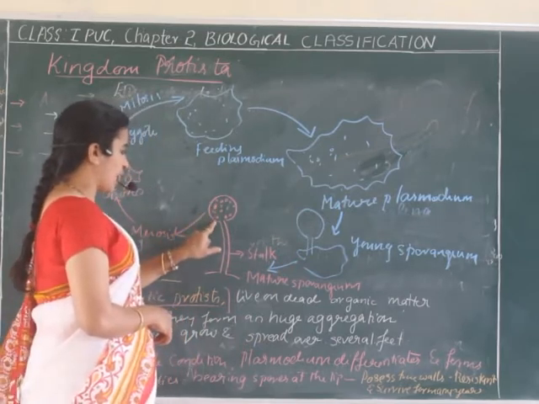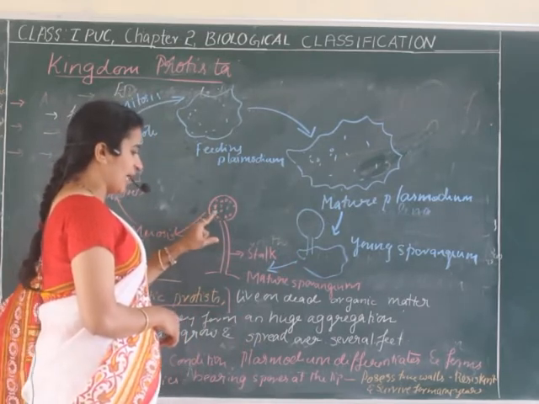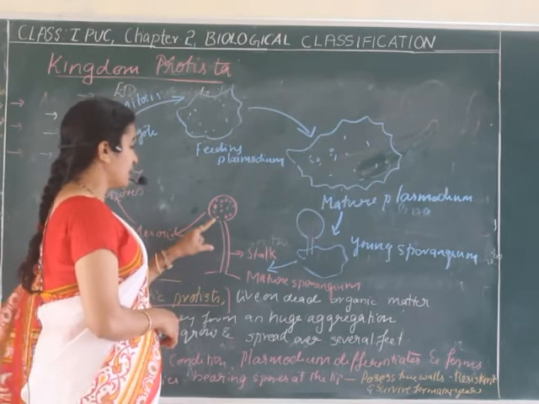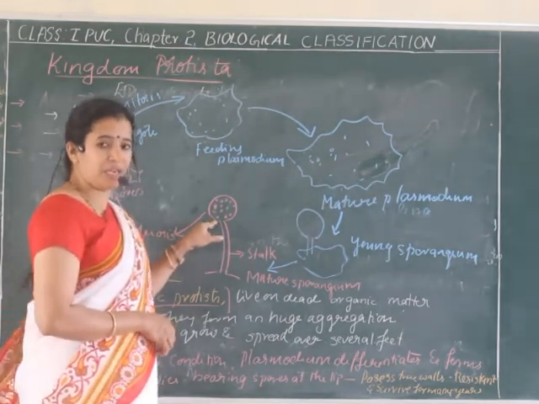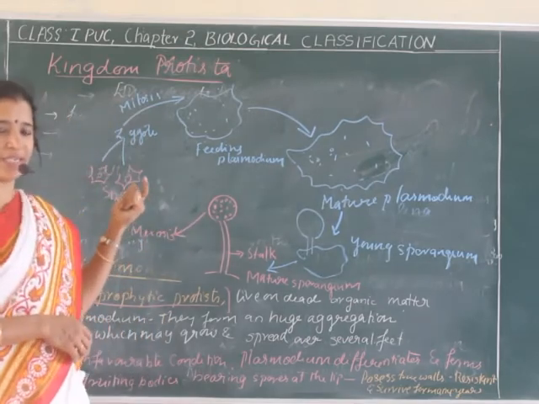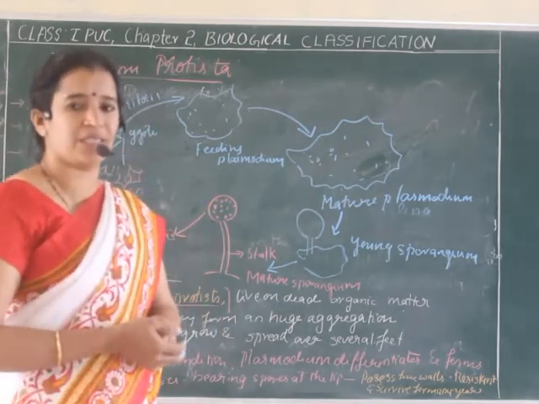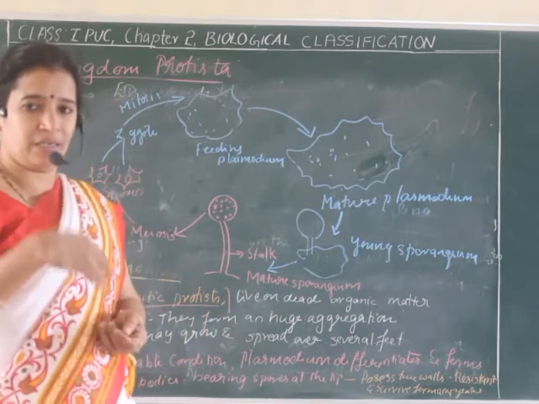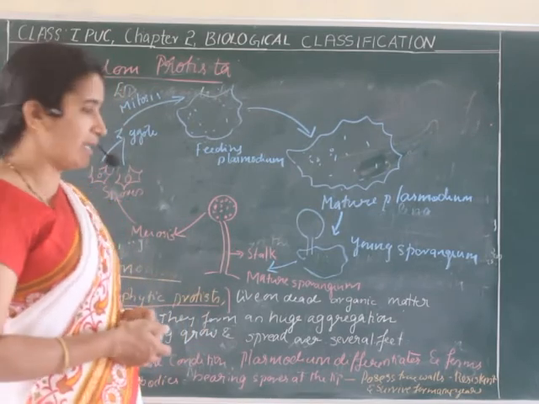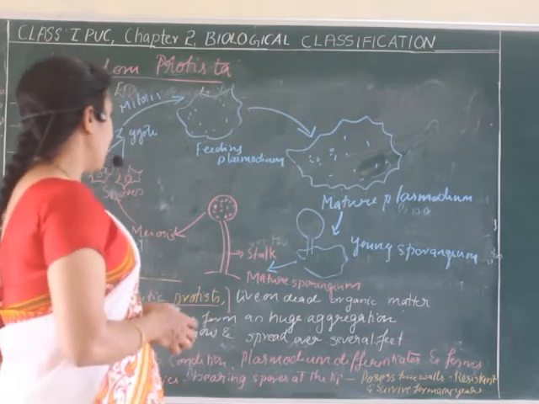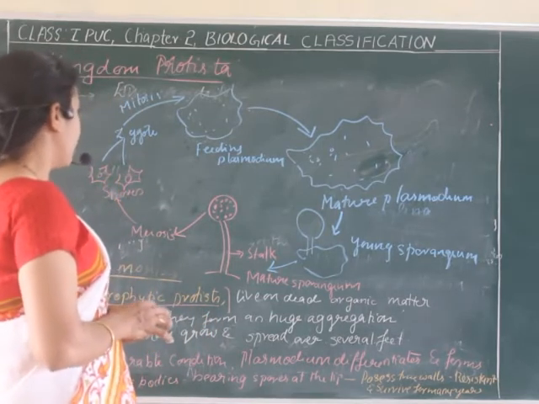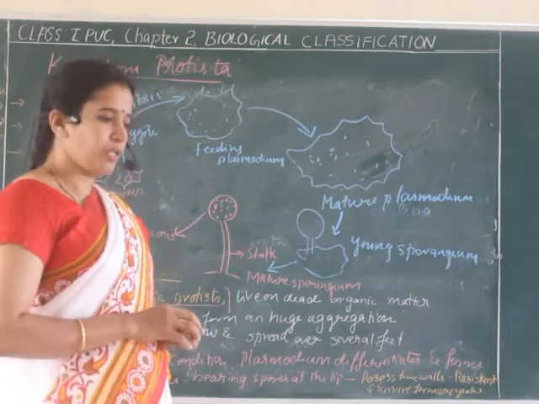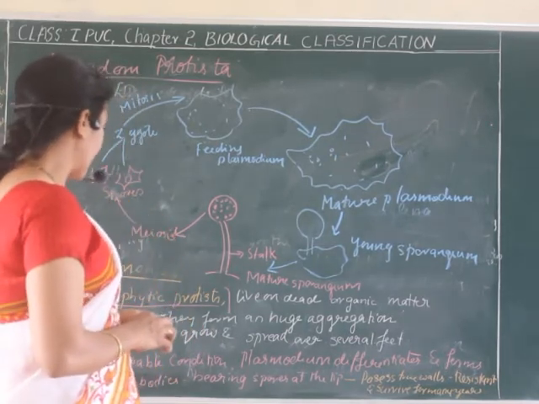These spores have true walls, are highly resistant, and can survive for many years. Just think, for many years it can survive. That is how they have developed. This shows they are evolutionarily advancing, and they complete their life cycle by forming the zygote. The zygote undergoes mitosis and produces new young slime molds.